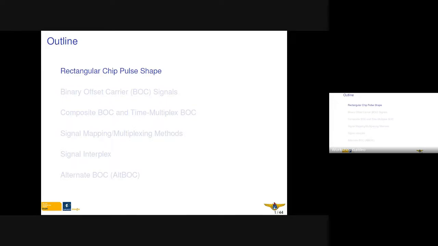And then we switch to signal mapping and multiplexing methods. And we will look at 2 classical methods already, signal interplex and alternate BOC. And there are even more modern ones, but we will just introduce this idea with these classical ones.